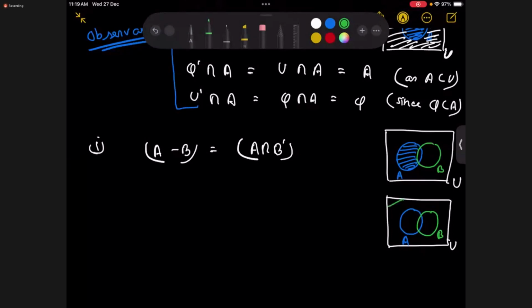B complement is the set, this one. This is our B complement. Now we are taking the intersection of B complement and A. So we get this portion. Observe that in both cases we are getting the same set. Okay. So we can say A minus B is equal to A intersection B complement. So using the Venn diagram we have proved this statement.